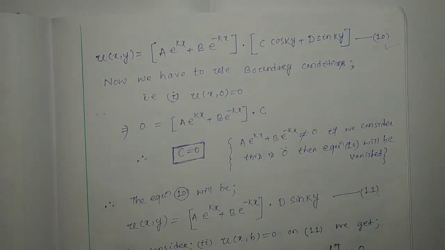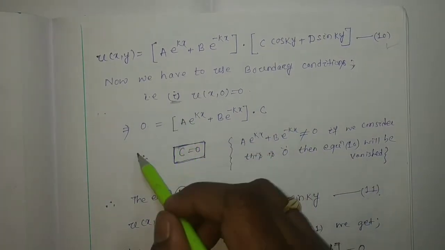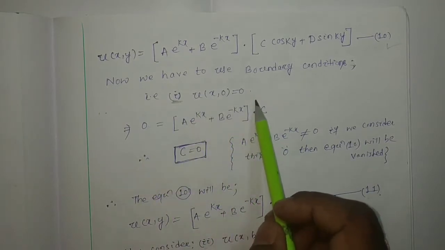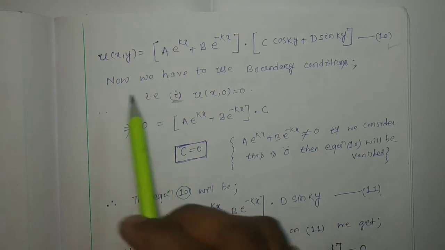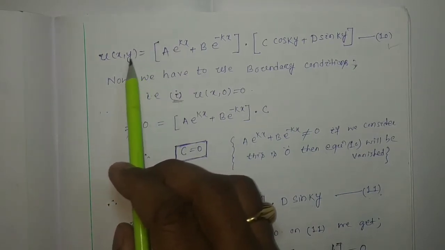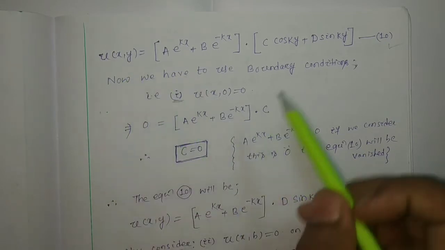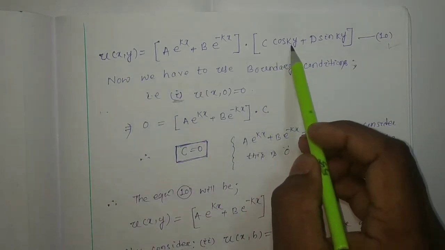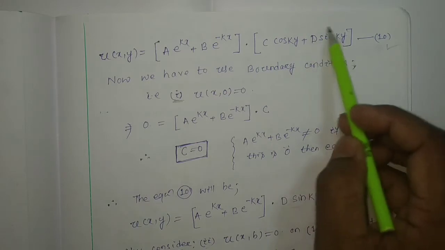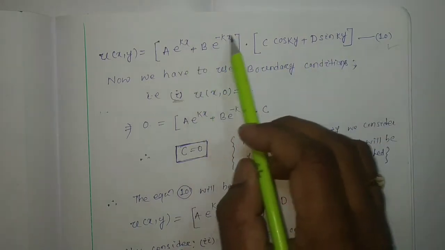So the first boundary condition is u(x,0) equal to 0. That means we have to put y equal to 0. If we put y equal to 0, cos 0 will be 1 and sin 0 will be 0, so this term will be 0, and the x term is there as usual.